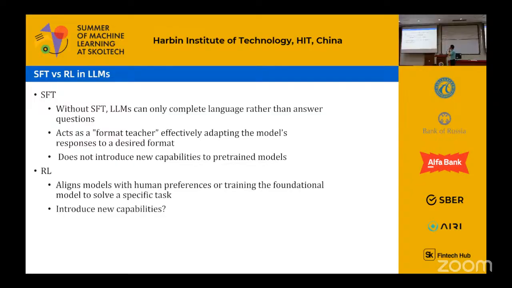Here we show a very brief comparison between SFT, supervised fine-tuning, and RL in large language models. After you finish pre-training for next token prediction, you get the base model, but the base model only focuses on language completion.